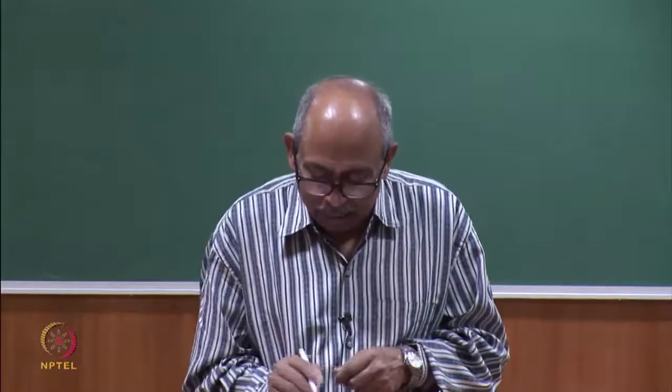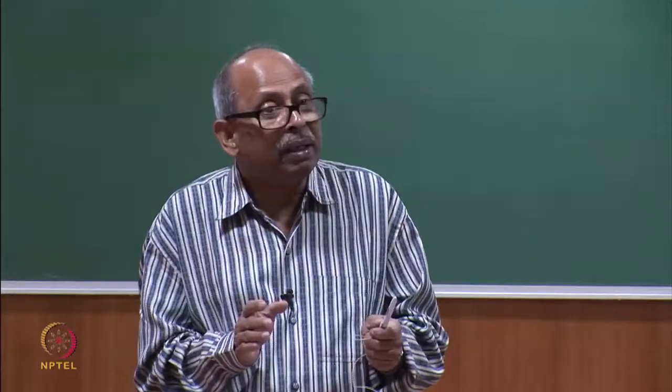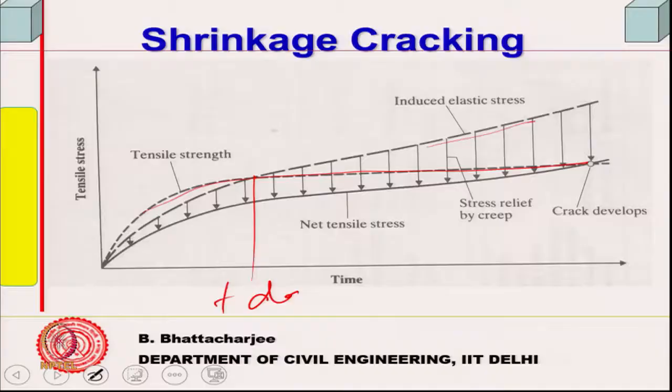The number of days, T days, we could find out. This T comes out to be, let us say, something like 60 days, and we did testing at 6 months or 1 year. So we could actually diagnose that it is shrinkage cracks.